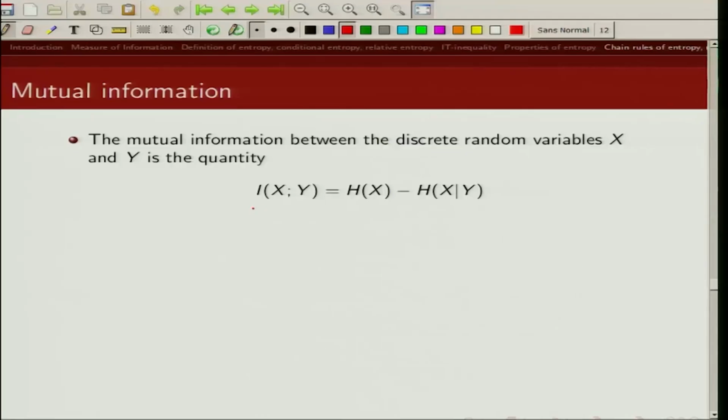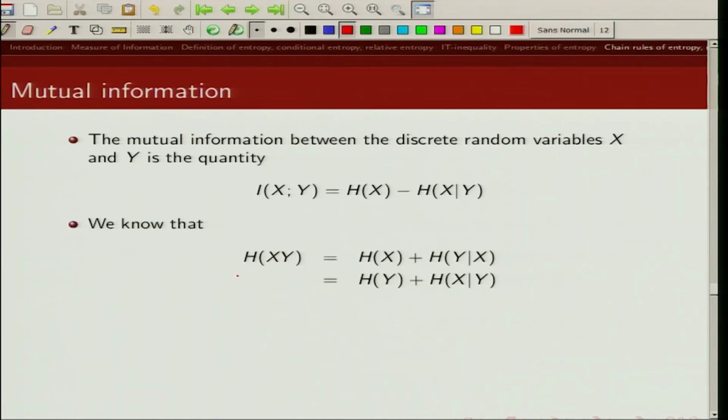So we have just shown that mutual information can be written like this. Now we know that we can write this joint entropy using chain rule in this particular fashion. This is h of x plus h of y given x. Now I again apply chain rule in a different fashion. So I can write this joint entropy as h of y plus h of x given y.